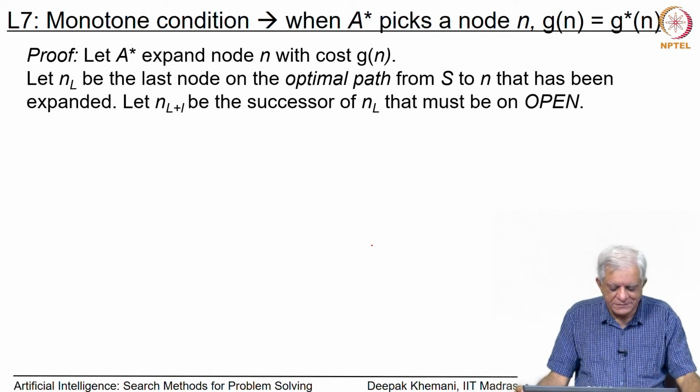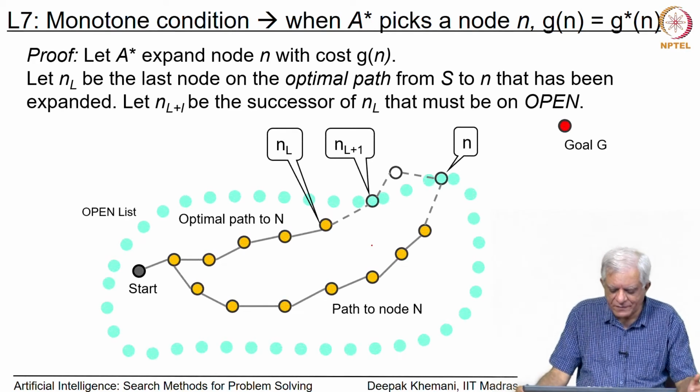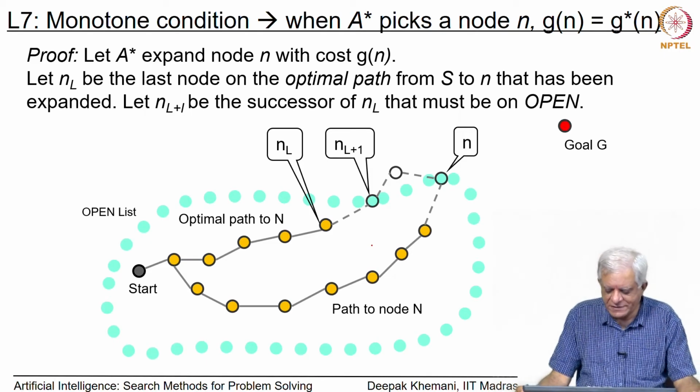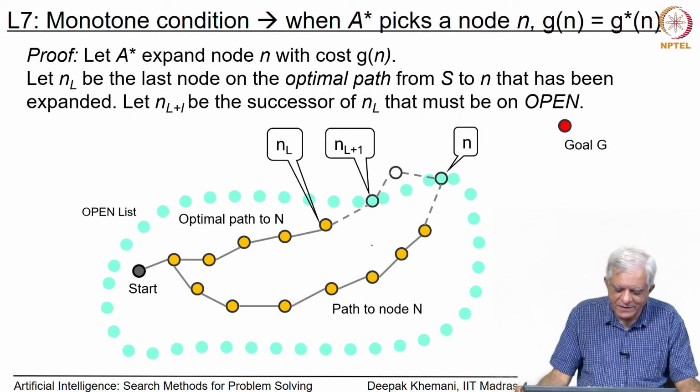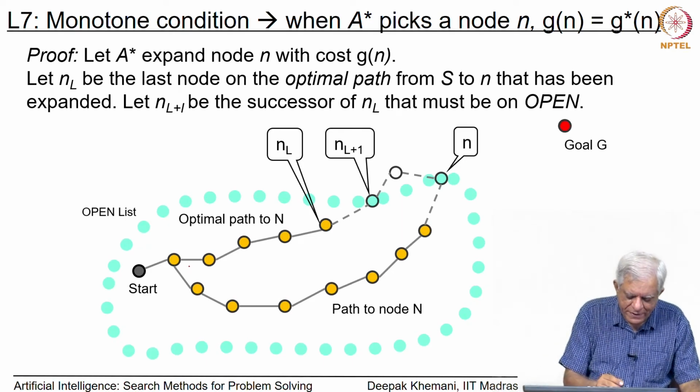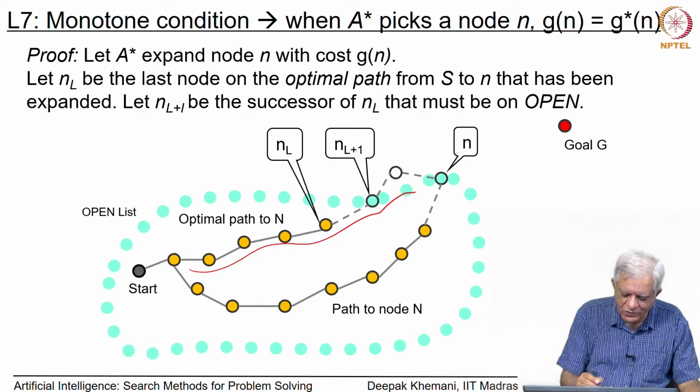So, the situation looks like this. The cyan circles are the representation of the open list. The node n is the one that A star is just about to expand. The optimal path to n passes through two nodes, n last and n last plus 1.